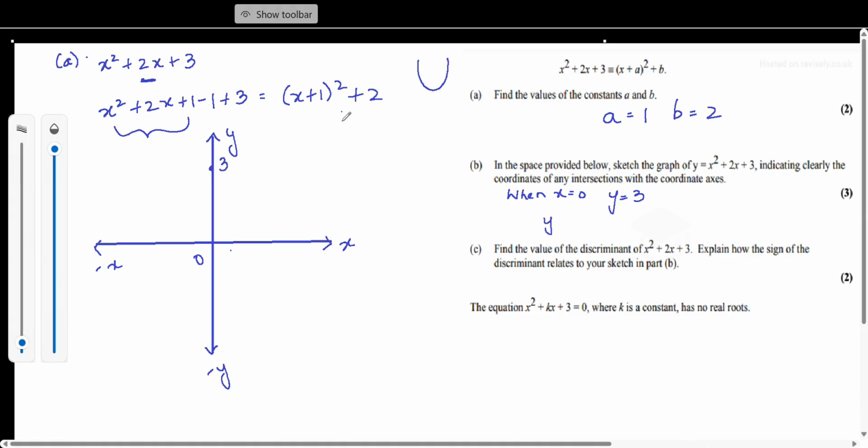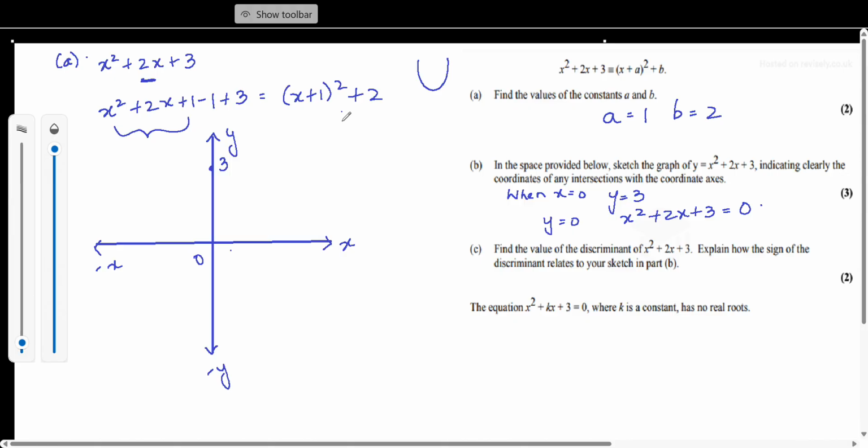When y is 0, the given equation should be solved by equating it to 0. Now, x squared plus 2x plus 3 equal to 0. Product 3, sum 2, you cannot think of any integers which satisfy this criterion.